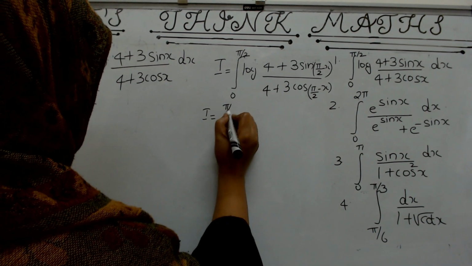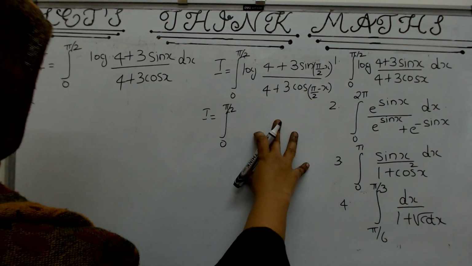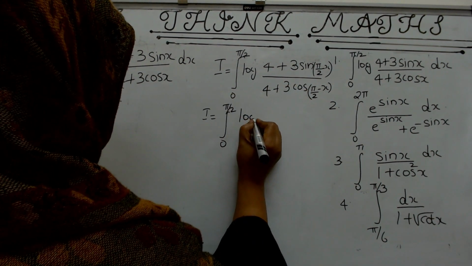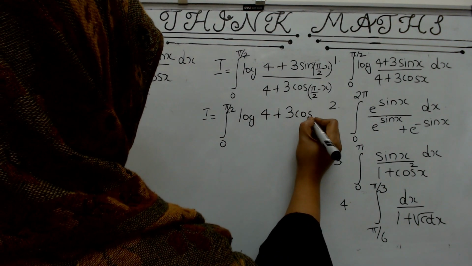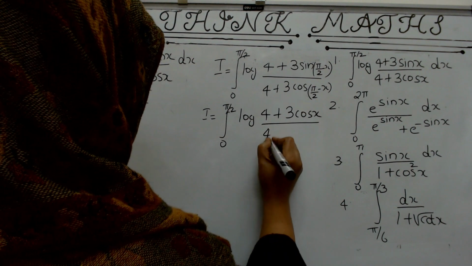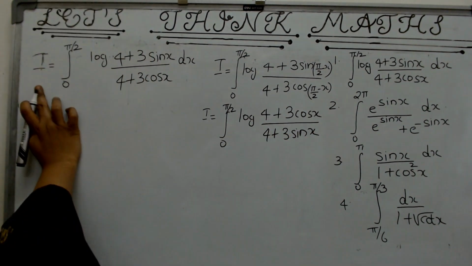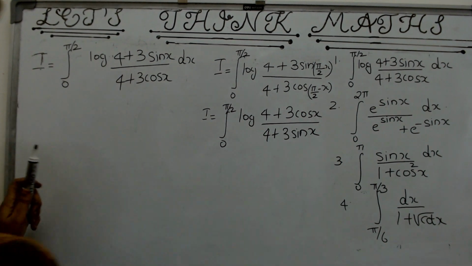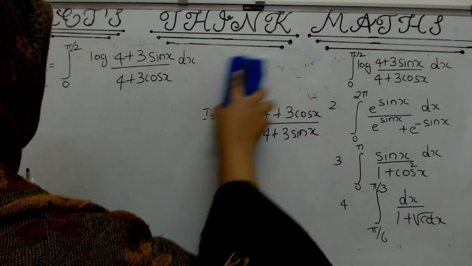In 0 to pi by 2, sin becomes cos, cos becomes sin. So here 4 plus 3 cos x by 4 plus 3 sin x. So now you see you have got two different values. I is the same, but for the I you have got two different values.